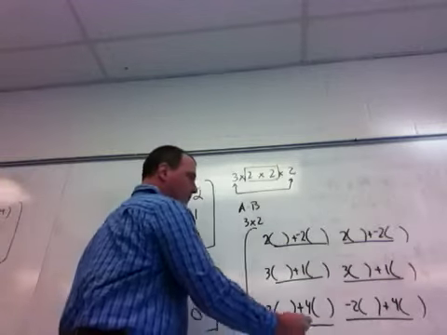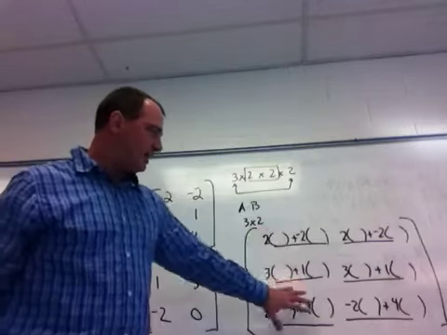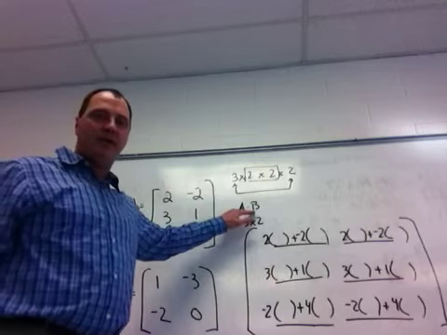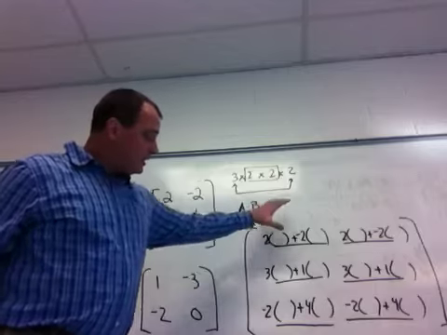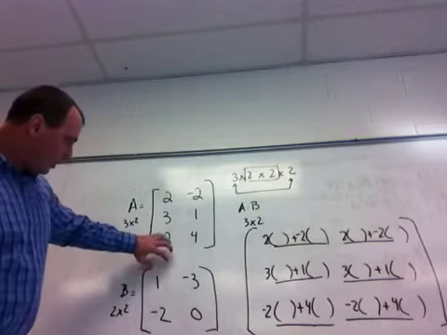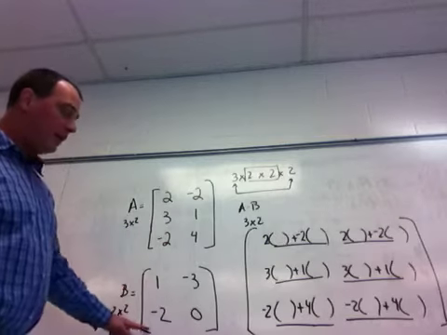Now what are these somethings? Well, keep in mind, this is going to be a matrix, and these blanks that I have here are going to be the column values in matrix B. So you can see that this is the first column, and so I'm going to be working with the elements in the first column of B, which are just going to be 1 and -2.